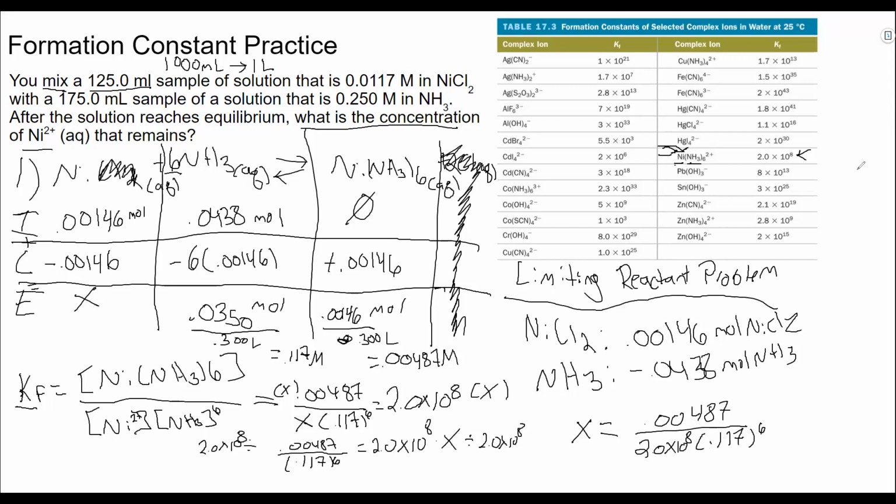So let us do that really quick. Pulling out my calculator. 0.00487 divided by, let me do the denominator first, 0.117 raised to the power of 6. Then I'm going to take that number, multiply by 2.0 times 10 to the 8th. 0.00487 divided by my denominator.